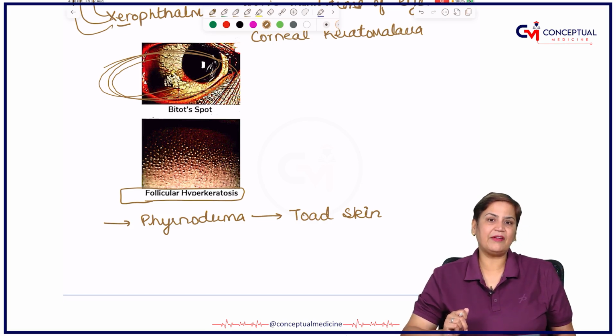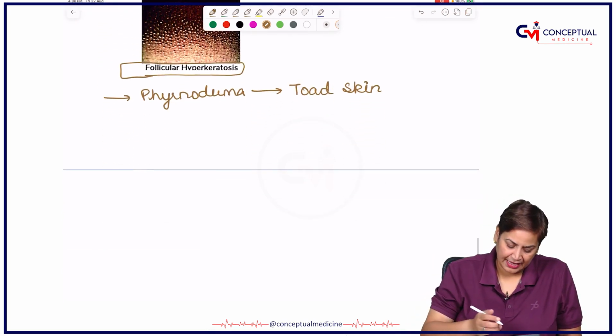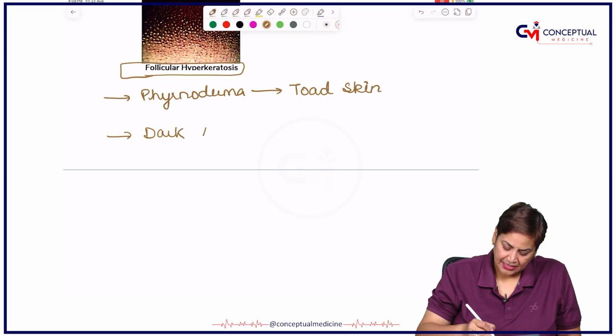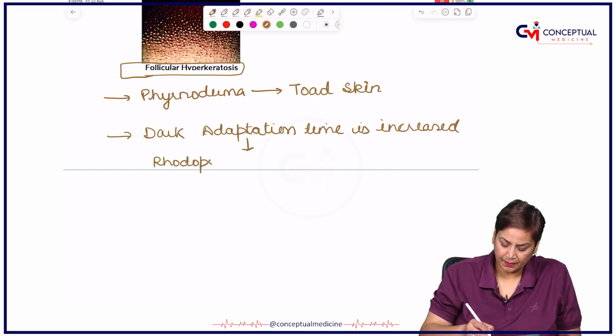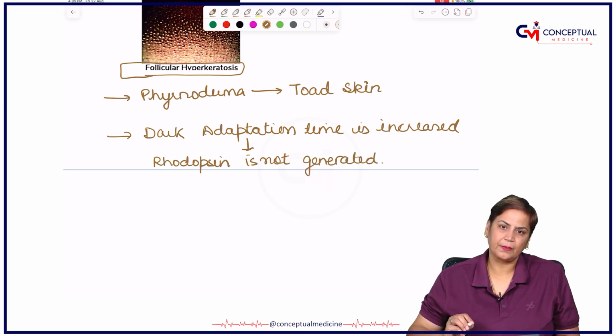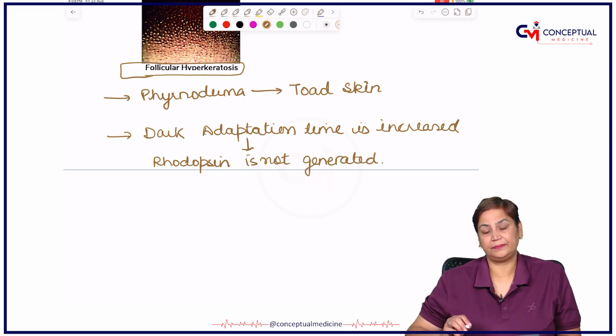So these are the deficiency manifestations of vitamin A, and due to dark adaptation time being increased, rhodopsin is not generated. Right? So these are the deficiency manifestations of vitamin A.